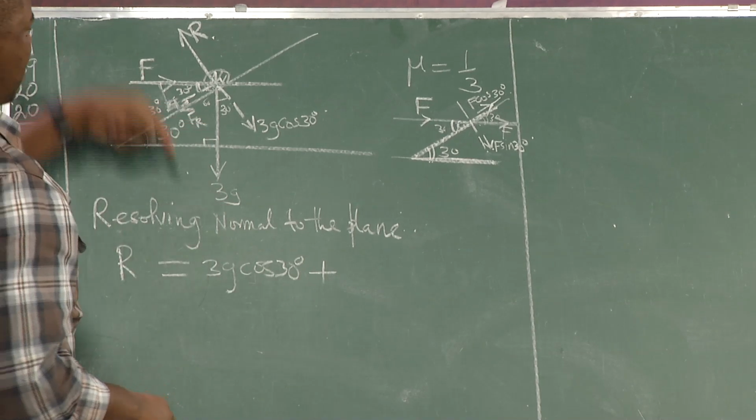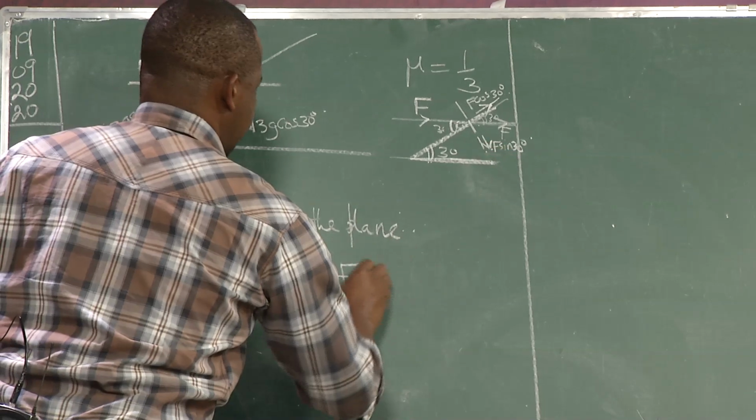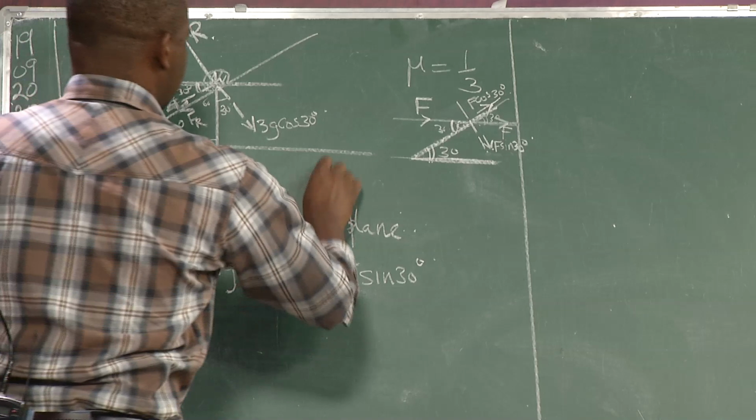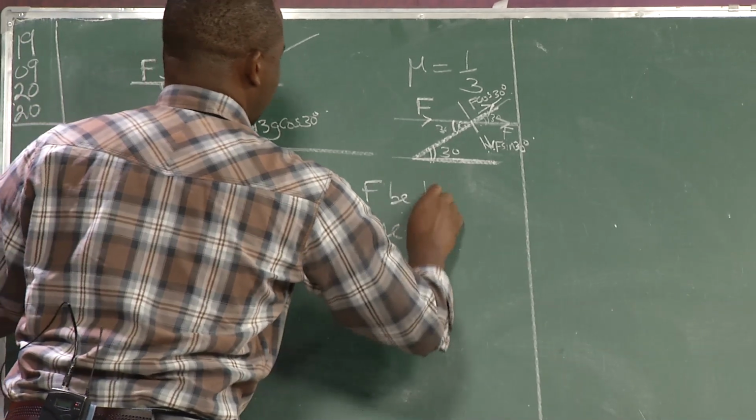So we will have F, the sine of 30, adding itself on that. We have assumed that F is the horizontal force, which we are looking for.